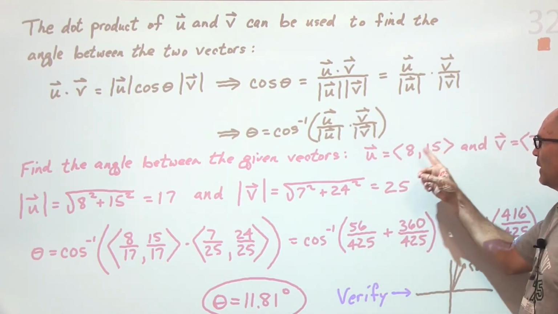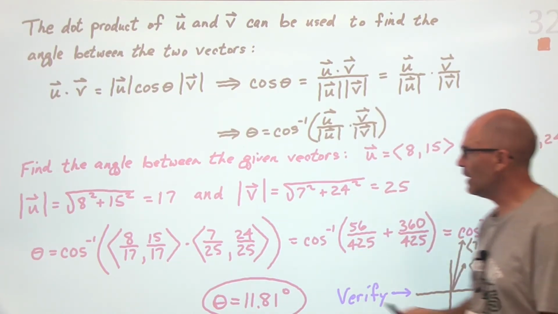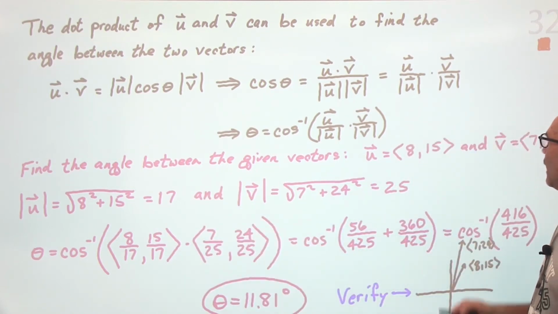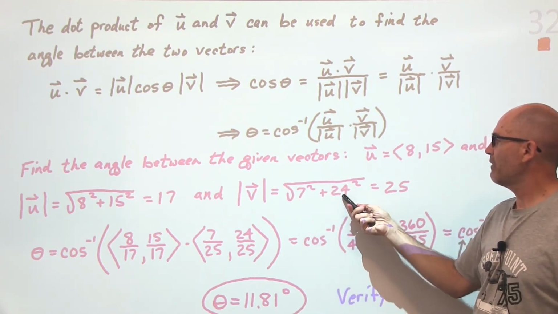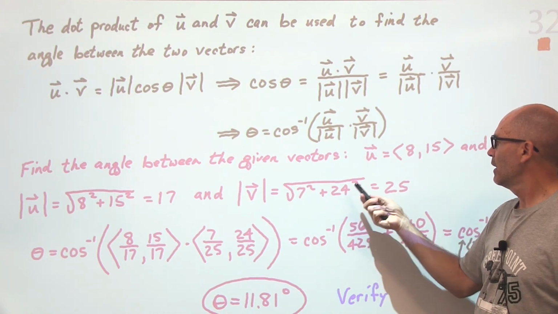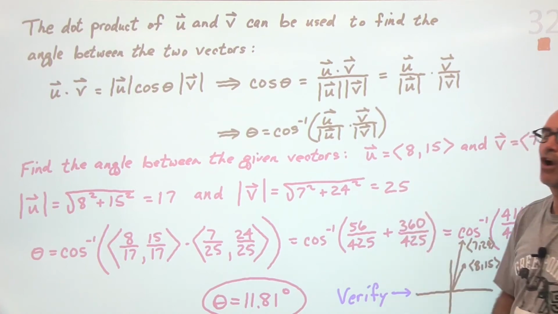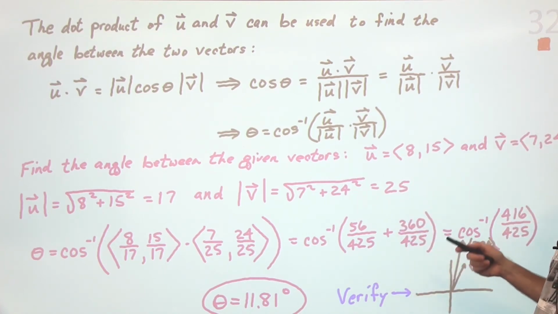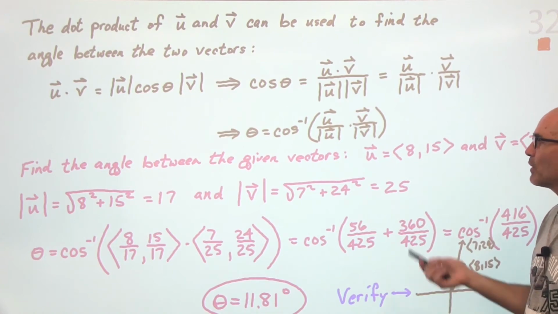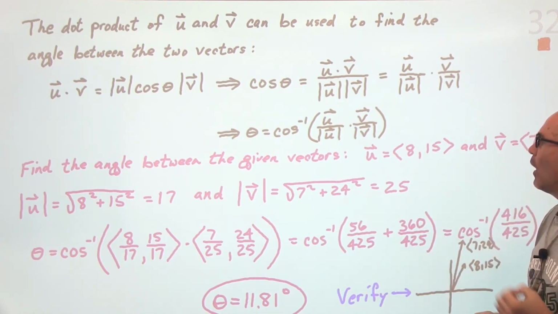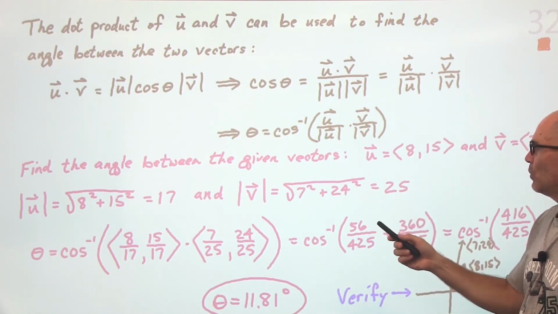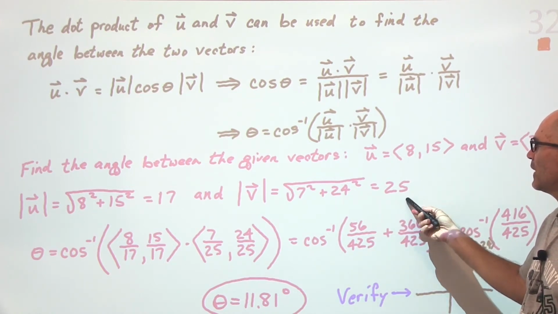Or you also know that 8, 15, 17 is a Pythagorean triple. Then for vector V, square the x, square the y, add them up. 49 plus 576 is 625. The square root of 625 is 25. Or you know that 7, 24, 25 is also a Pythagorean triple. So we have the magnitude of U and the magnitude of V.